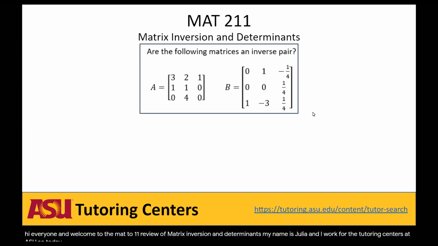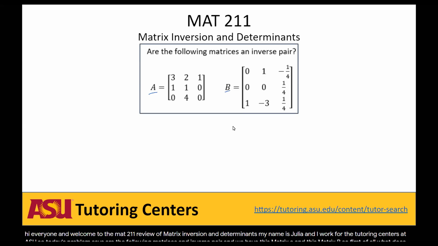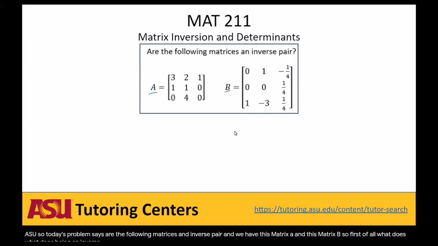So today's problem says, are the following matrices an inverse pair? And we have this matrix A and this matrix B. First of all, what does being an inverse pair mean? If we have what are called matrix multiplicative inverses, say we have some matrix A, and matrix A^-1 is a proposed inverse matrix.